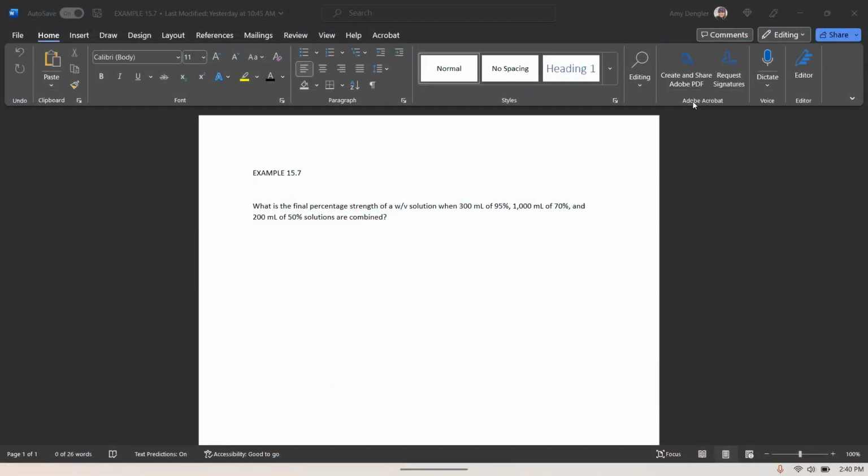Example 15.7. What is the final percentage strength of a water volume solution when 300 ml of 95%, 1000 ml of 70%, and 200 ml of 50% solutions are combined? So the first step we're going to do is add the number of milliliters being mixed to obtain the total volume being prepared.